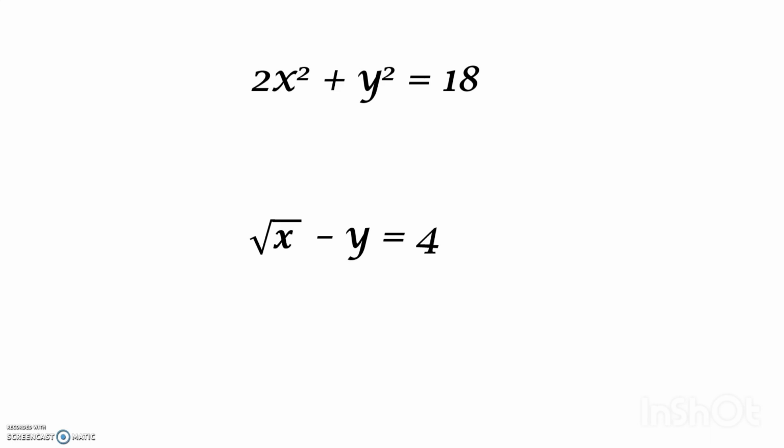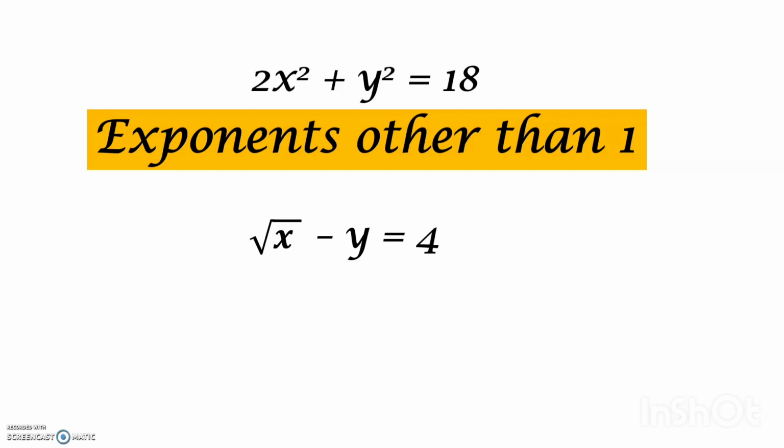Now going back to the first one, why is it not considered a linear equation? The variables like x and y in a linear equation do not have exponents other than 1. As you can see in the given equation, the exponent is 2. So that is not a linear equation in two variables.